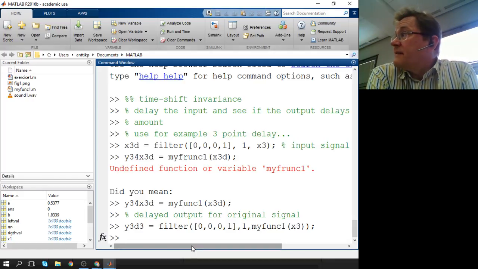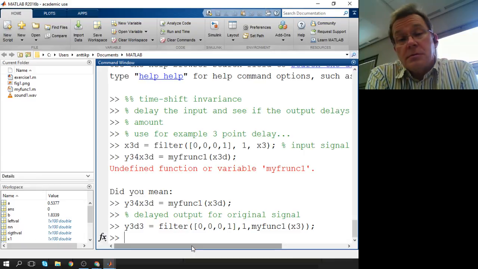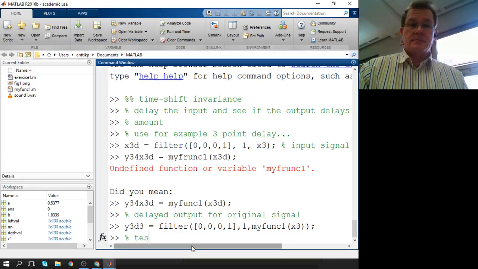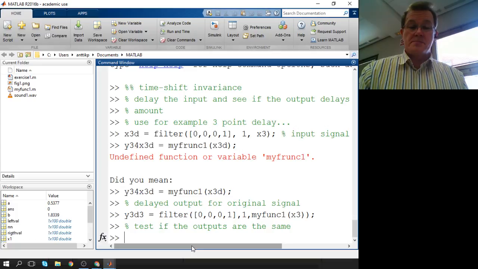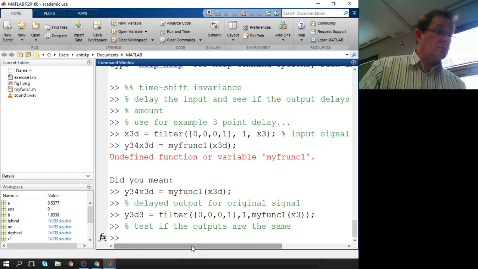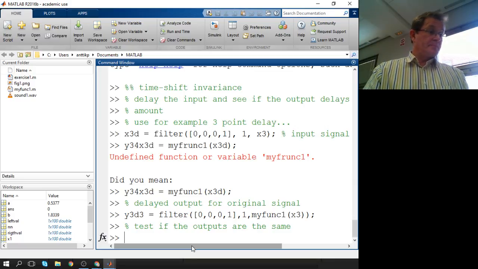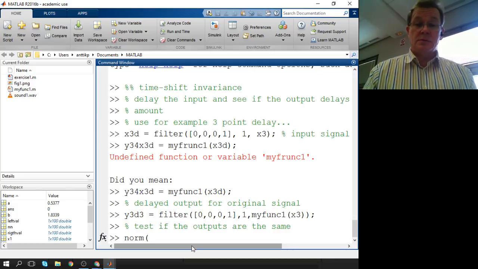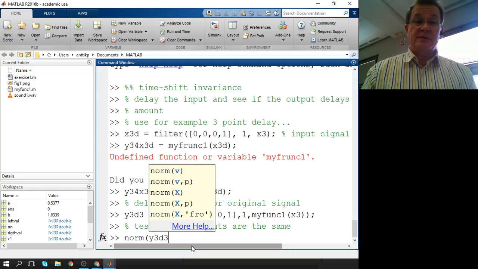And then we test if those are the same. Okay, so norm Y3D3 minus Y3 for X3D.